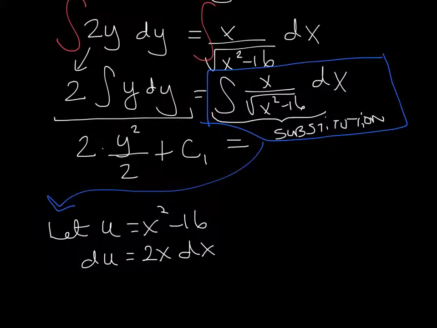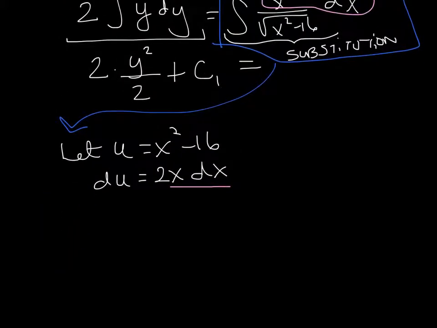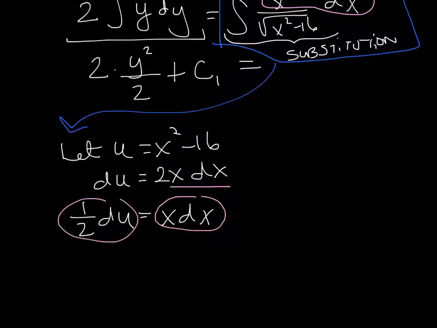Here I have x dx, and here I have an x dx. So if I solve for x dx, I get x dx equals half of du. So I can replace my x dx with this expression.